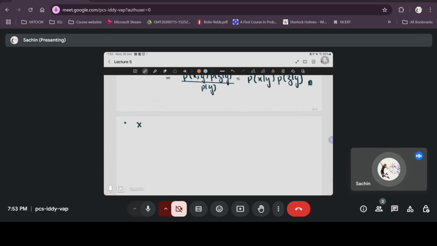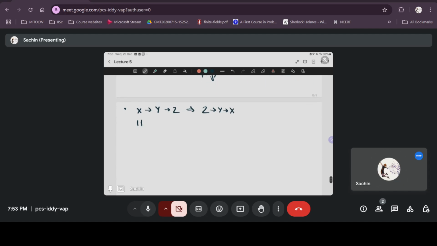And that means x and z are conditionally independent given y. Second fact is that if x, y, z is a Markov chain, then z, y, x is a Markov chain. Hence, the condition is sometimes written as x double arrow y double arrow z.